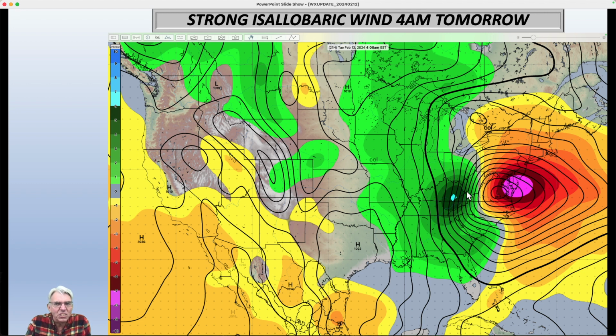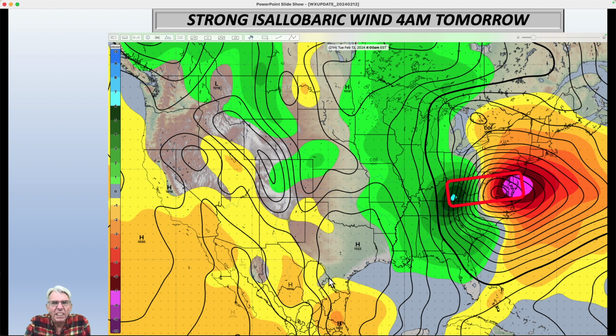And then these areas back in here, where right in the middle of it I've got a little light blue there, are big pressure rises going on behind the storm, okay? So as a result, the strongest gradient of isallobars, or pressure changes, actually runs from eastern Kentucky and northeastern Tennessee across Virginia over toward the Delmarva Peninsula.